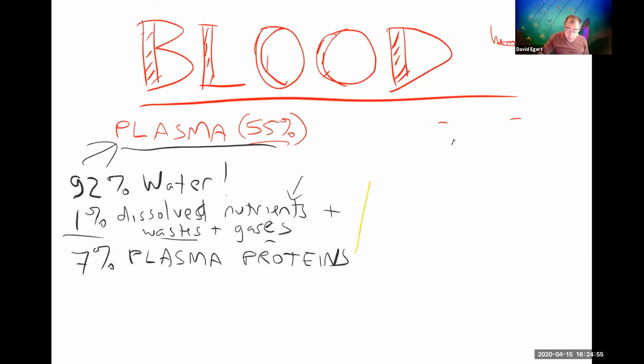One of the most common of all of these is called albumin. I think it's maybe 60% of all the plasma protein. One important role it plays is to help maintain osmotic balance between your plasma and the surrounding cells and tissues.